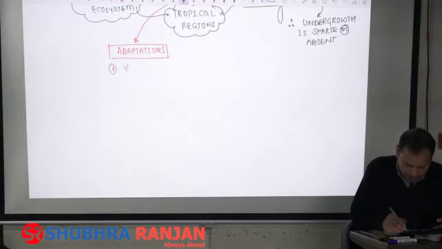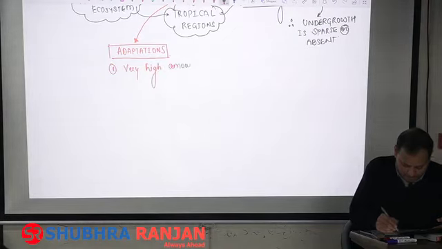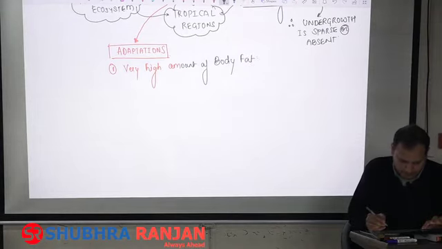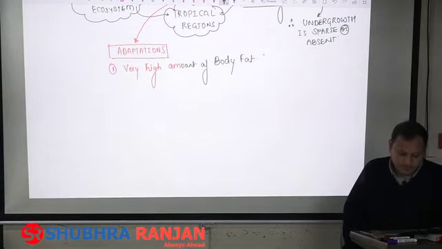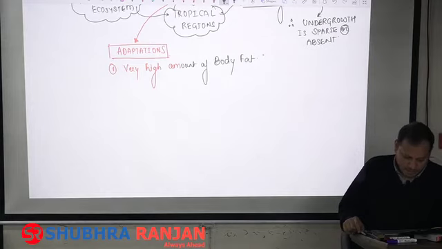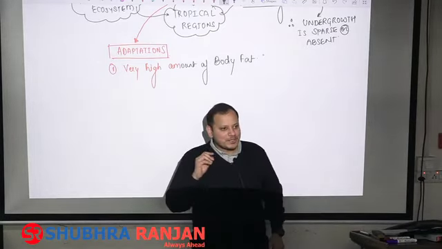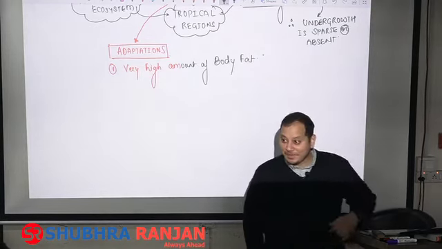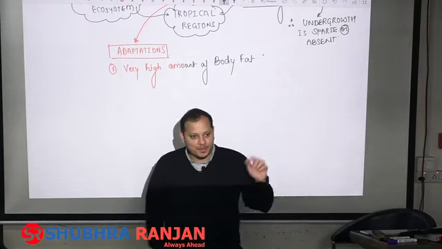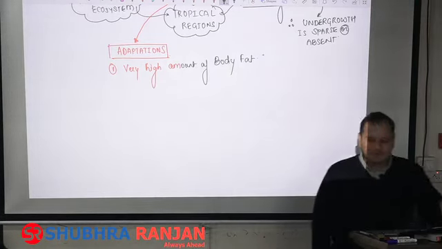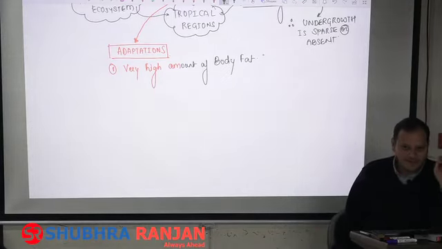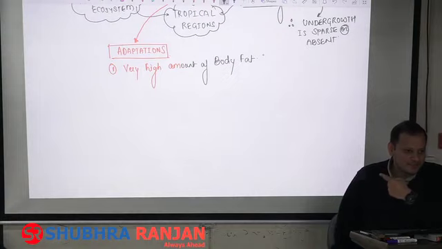First, very high amount of body fat. So, what is the body temperature of the polar bear? The surrounding temperature in the polar regions is -30, -40 degrees Celsius. What is the body temperature of the polar bear? 30 degrees Celsius. Why? This is the adaptation. High amount of body fat.